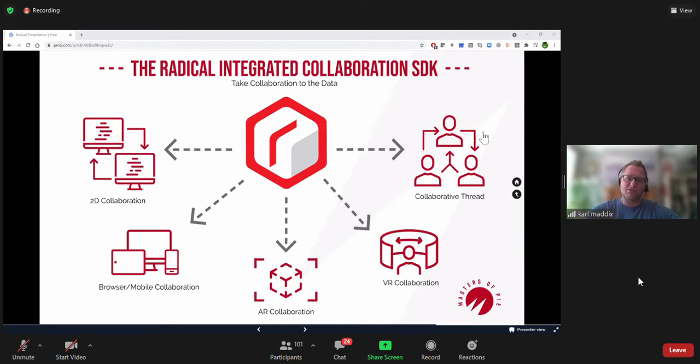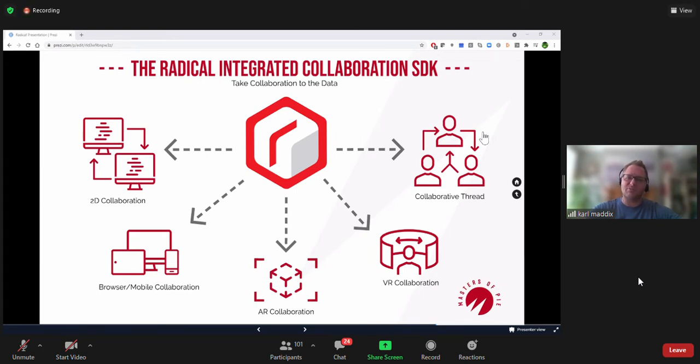We're heavily focused towards spatial environments, so immersive tools like augmented reality and virtual reality as the primary delivery platform for any kind of enterprise collaboration. And as such, we are, of course, focused on the 3D aspect of the data that sits within these kind of complex landscapes.